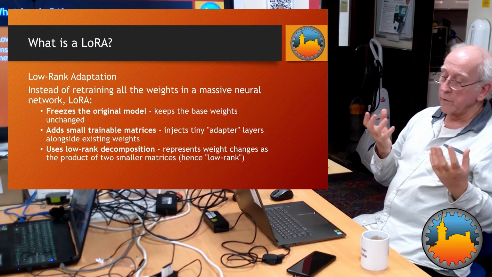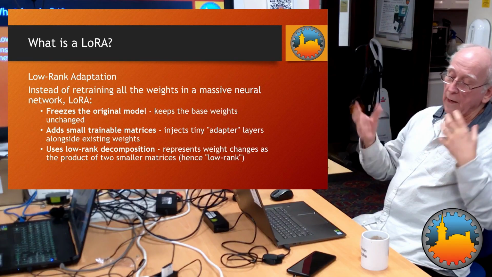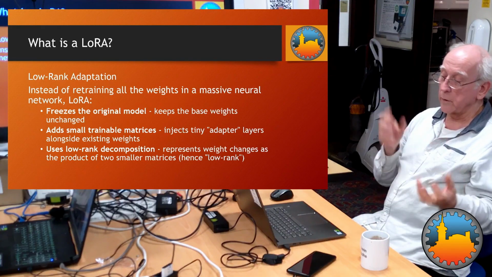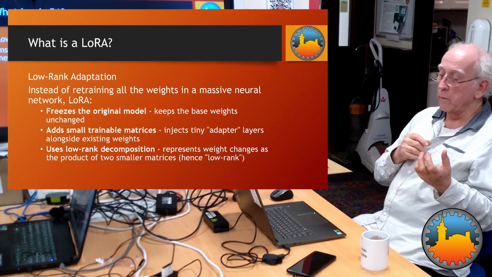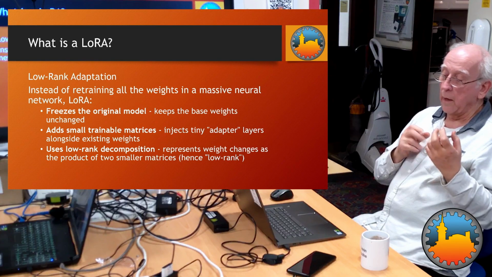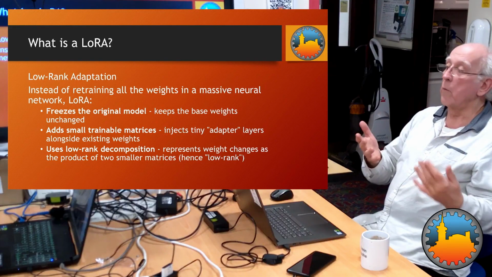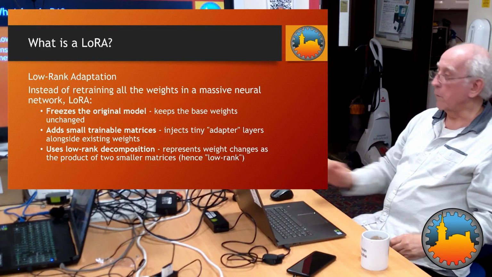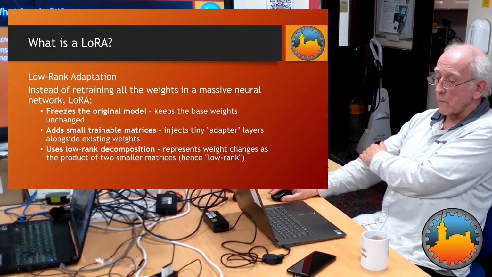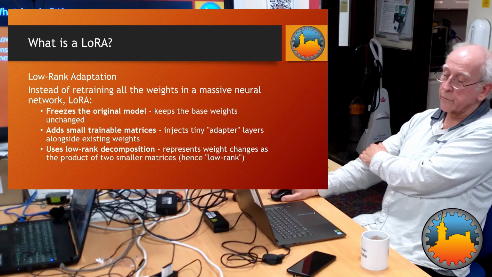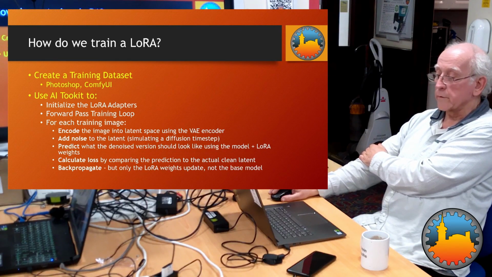So I freeze the original model, and then I add some small trainable matrices, these adapter layers, which inject into the model. This then allows me to tell the model I want it to look like Ariel, and it will learn what she looks like, and then it will be able to make changes like that.